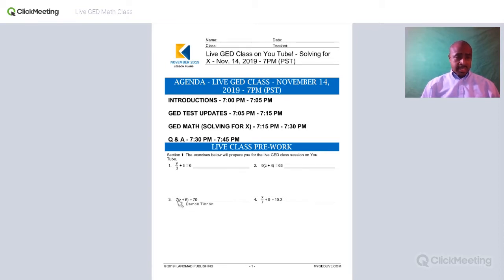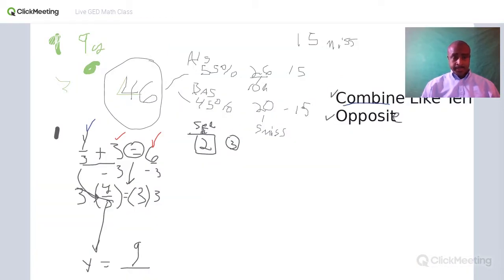So we're going to get back over to our screen. So 7 times the quantity of z plus 6 equals 70.